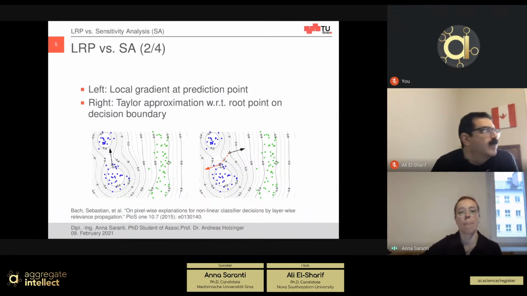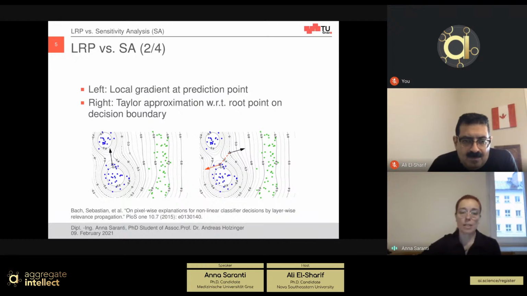Now, what do we see? We see that the gradient of the function at the prediction point does not point to the nearest point of the other class. It just points to a local minimum that, if we imagine this surface plot to be expanded in a consistent way, shows a direction to a local optimum that is a little bit too far.